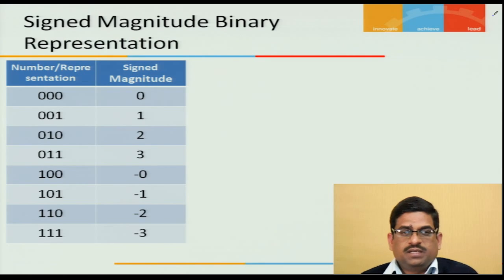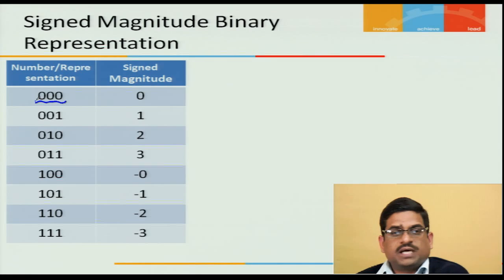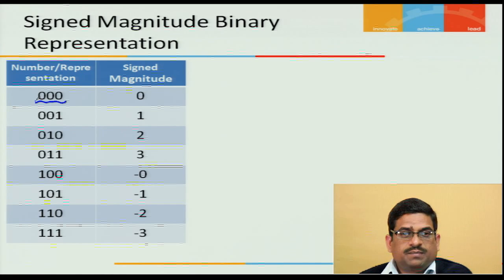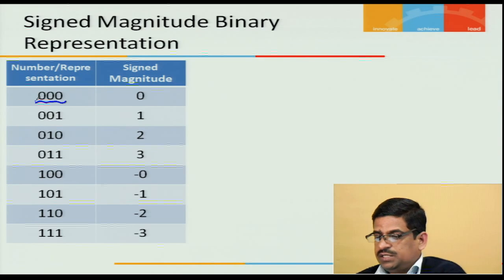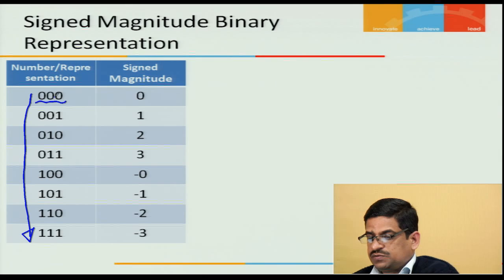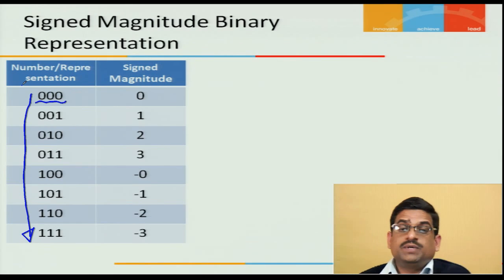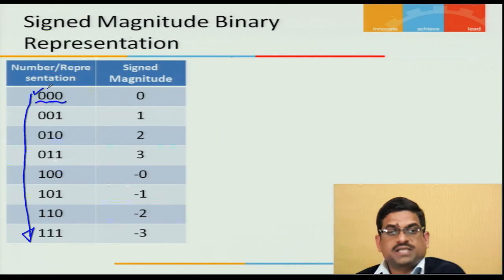Now in this table, let's see the 3-bit combinations I am using for representing numbers. Using 3 bits, what numbers can I represent? The 3-bit sequences I have written here go from 000 to 111. The rightmost 2 bits are the value of the number, and the leftmost bit is the sign bit.